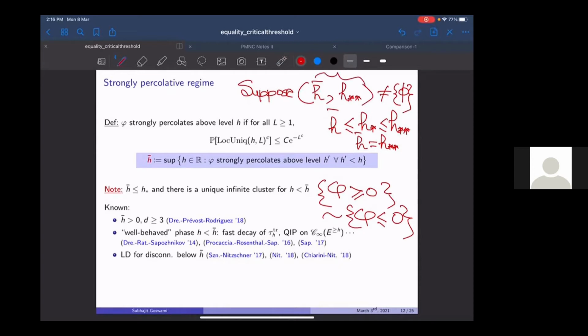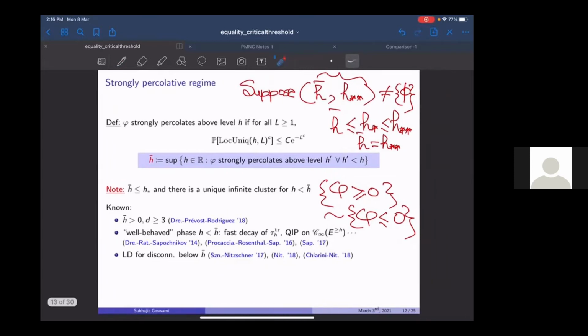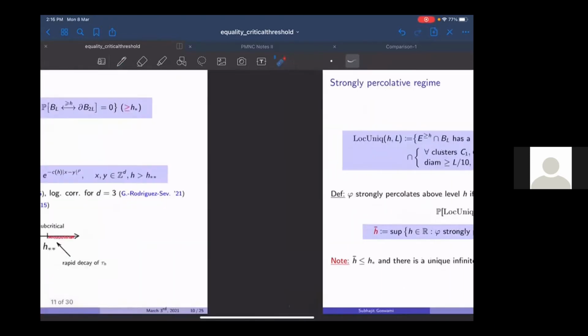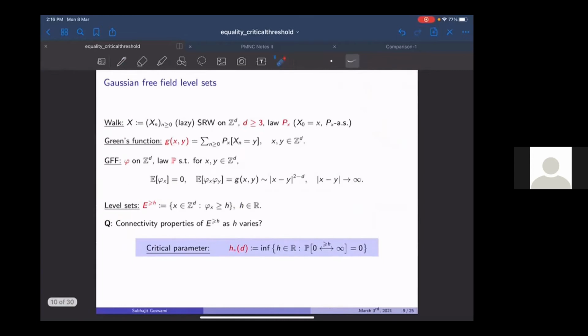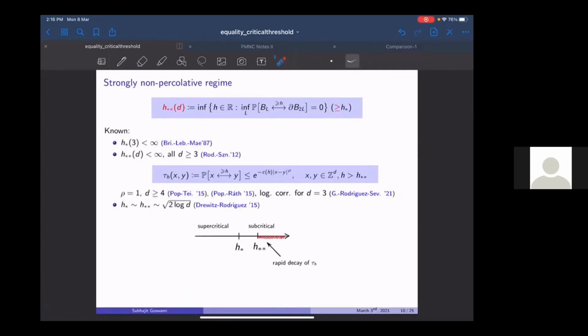Now, the advantage of the definition that you chose for a star star is paramount here, because it tells you something very interesting. It tells you, by some mysterious means that you have to believe for now, that when you're bigger than h bar, a star star, you have this kind of sharp decay. But it immediately gives you something interesting when h is strictly less than a star star. It tells you that this infimum is positive, because that's the complement condition.